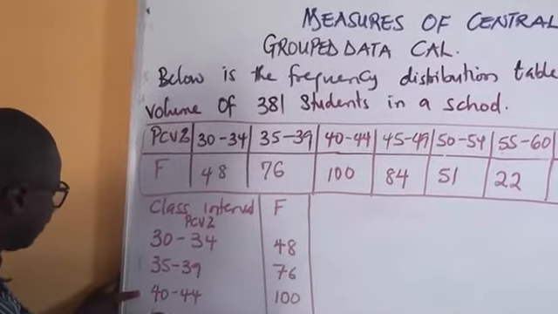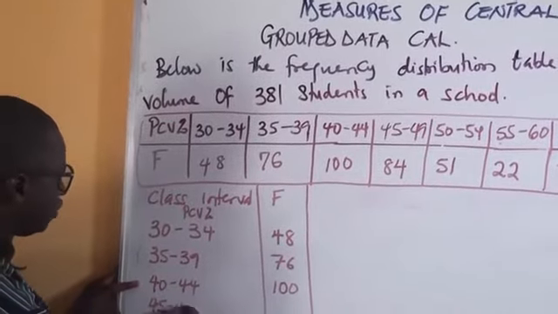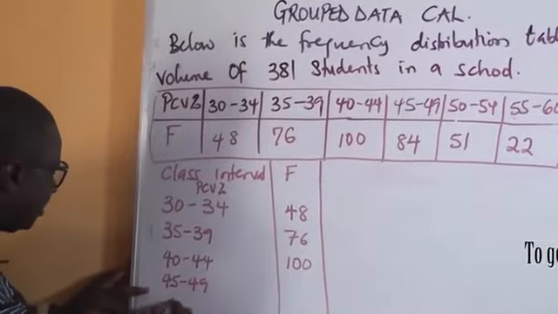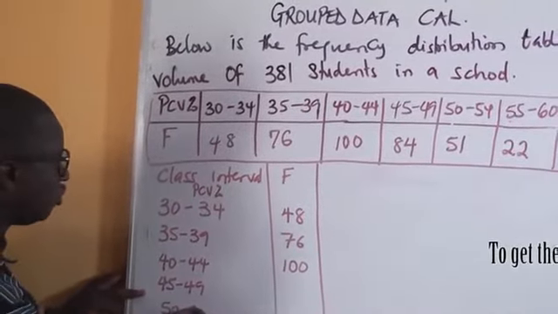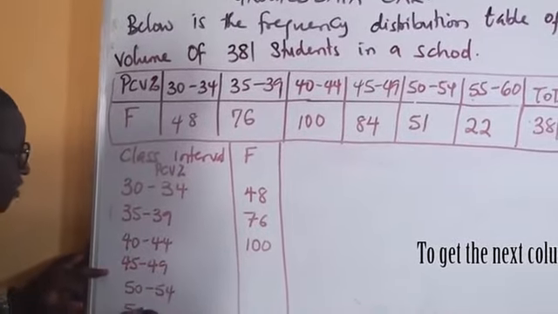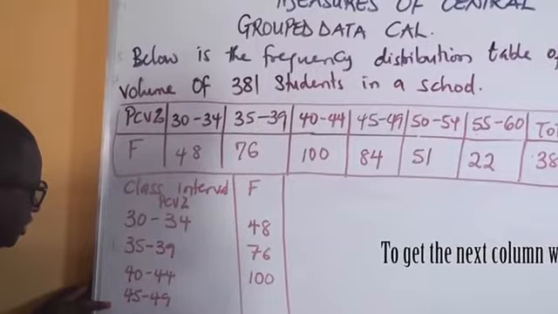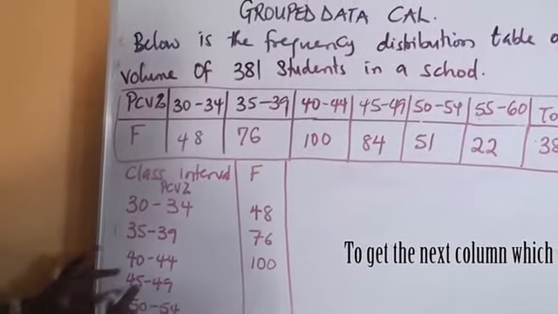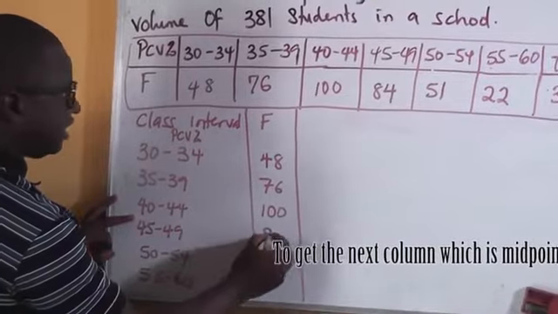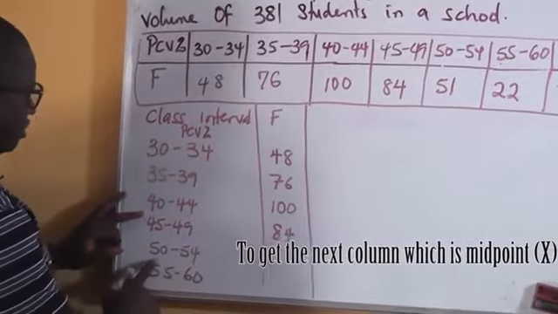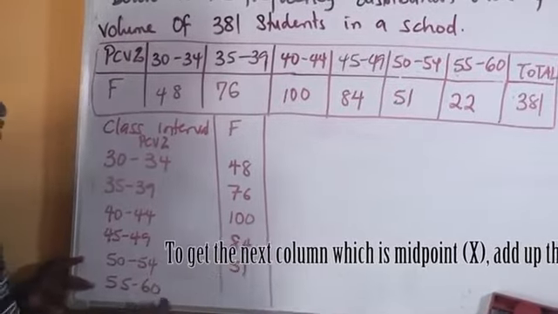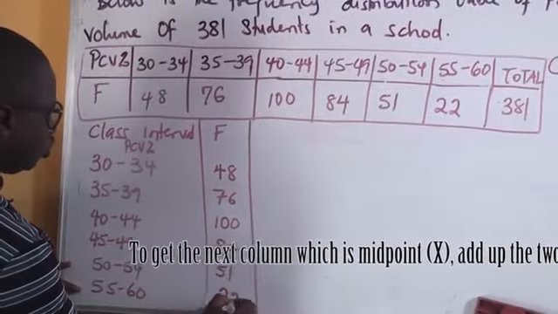The next one is 45 to 49. Maybe let's just finish with the PCVs. Then 50 to 54, and the last one is 55 to 60. For this one, the frequency is 84. The next one is 51, and the last one is 22.